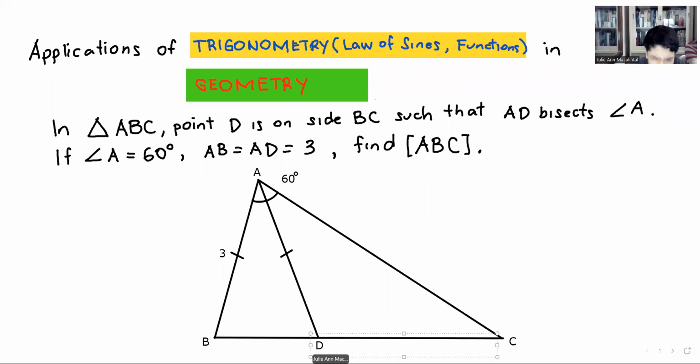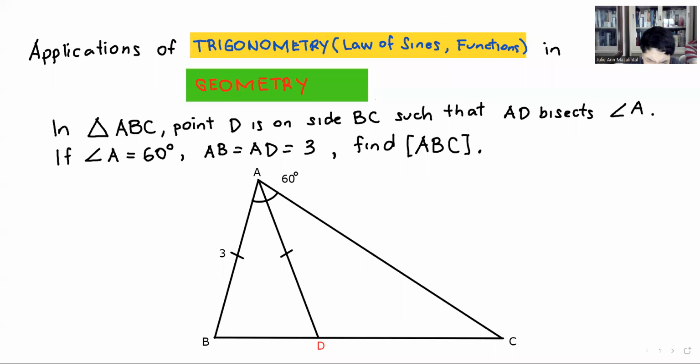I will make this point D. In this video, I will be using red for the things that I put which were not given, but I will still put them in the figure anyway.